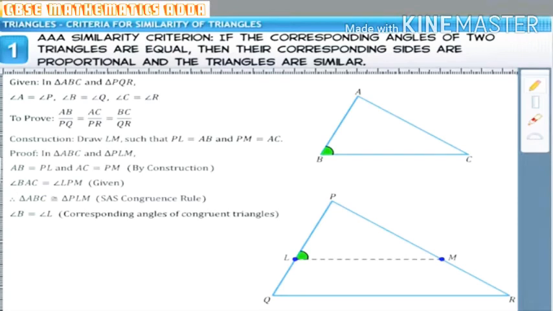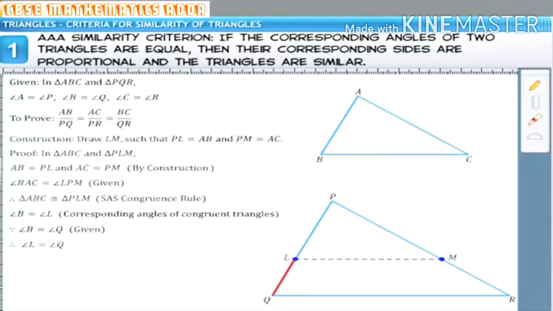But here it is given that angle B is equal to angle Q. So from these two we conclude that angle L is equal to angle Q. And here look at the figure.